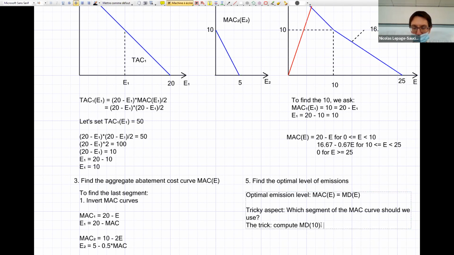So if MD of 10 is above MAC of 10, then we use the first segment.